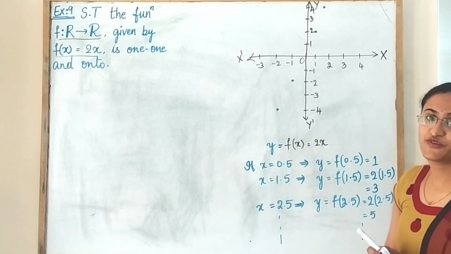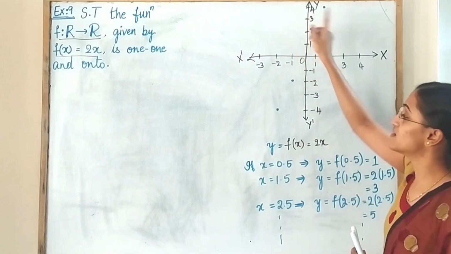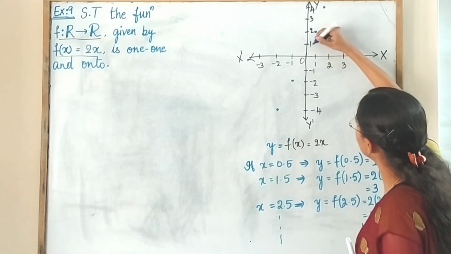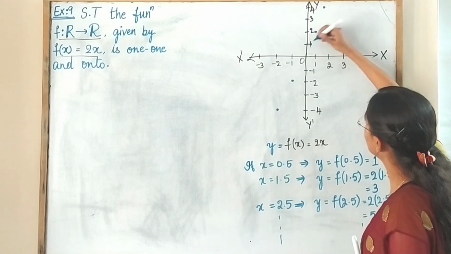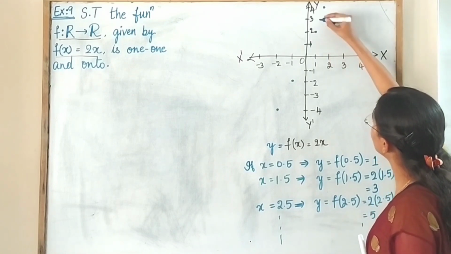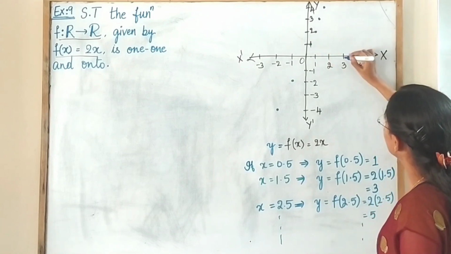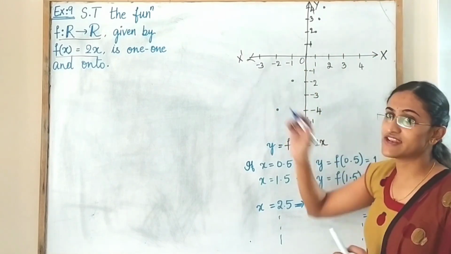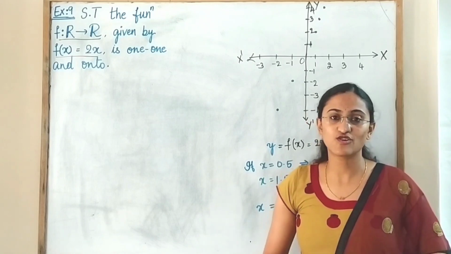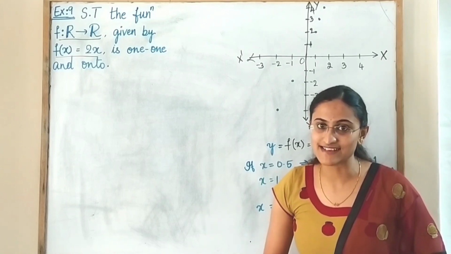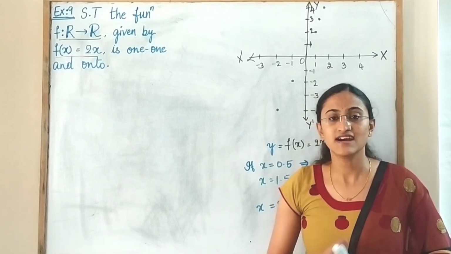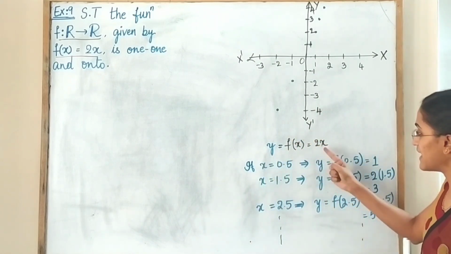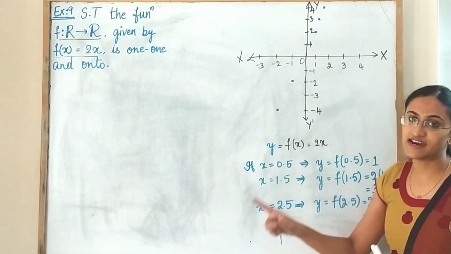And hence now you may notice that even the odd numbers will be mapped, and hence for x equal to 0.5, you get the value as 1. For x is equal to 1.5, you get the value of 3. For 2.5, you get the value of 5, right? In the same way for the negative numbers also. If you are choosing any real number from the x-axis as the value of x, then 2 into any real number gives back a real number itself.